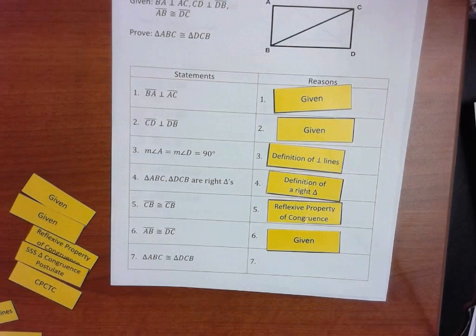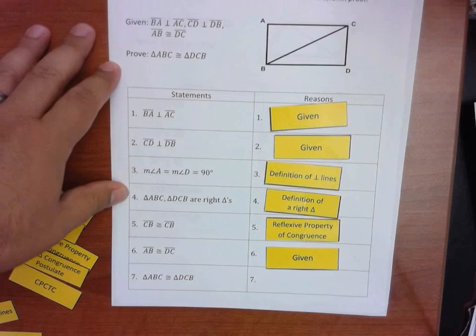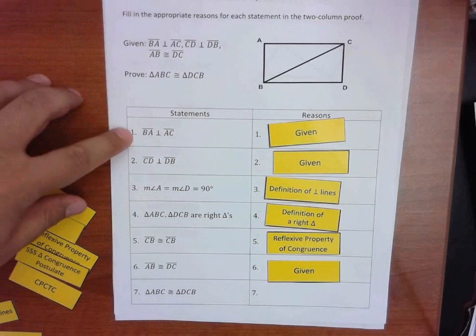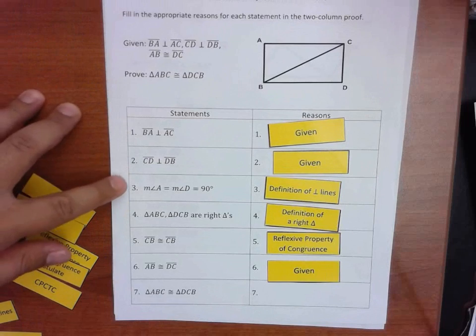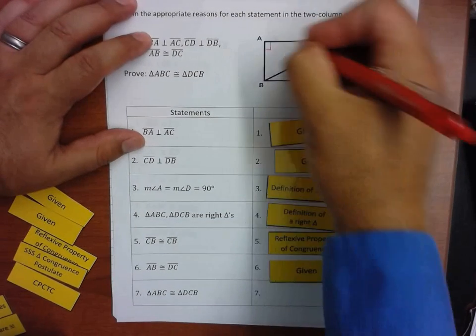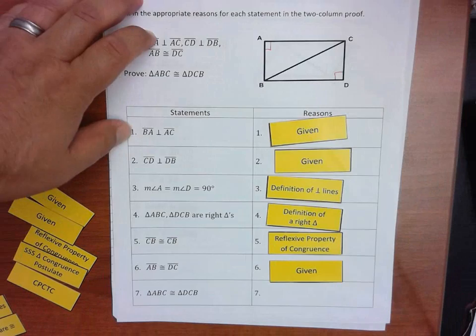No, you can only use CPCTC if you have triangles that are congruent. This right here is telling you the triangles are congruent. So it's given. CPCTC is used after the triangles are congruent. What does that one say? No. Watch, Bryce. You ready? This is telling you that angle A and angle D are 90 degrees, right?